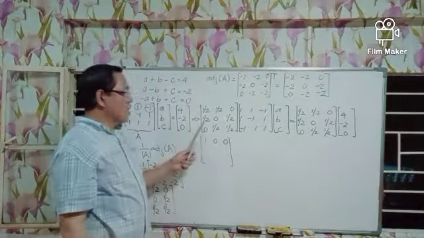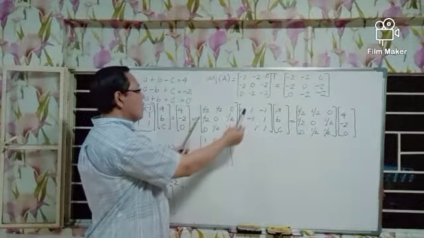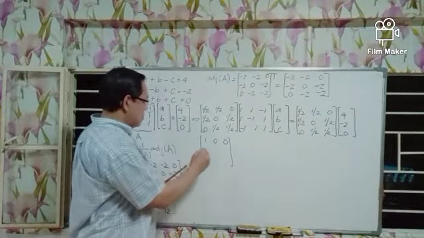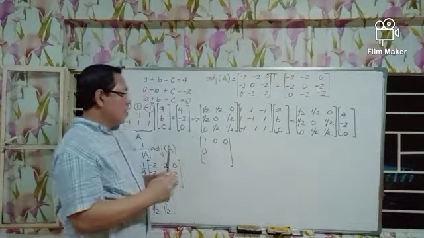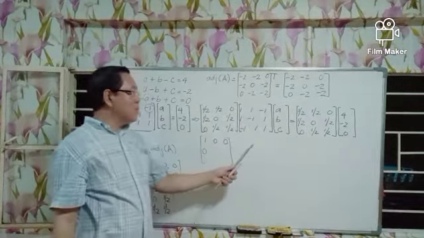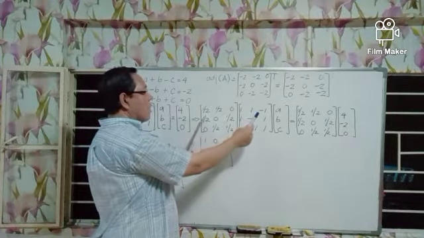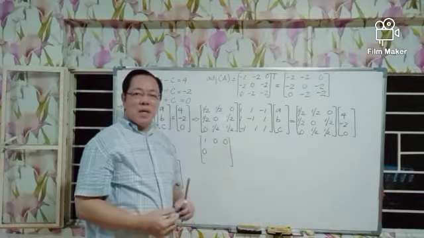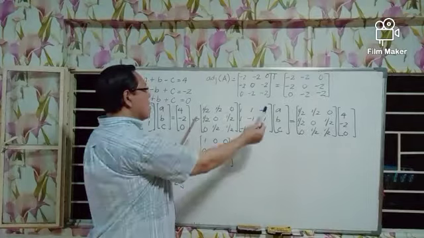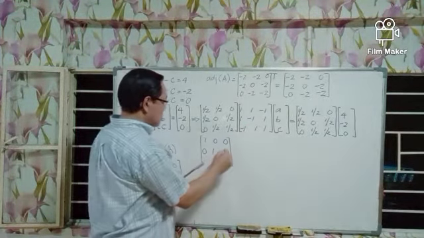We now multiply the second row by the first column. We have 1/2 plus 0 minus 1/2 is 0. Multiply the second row by the second column. 1/2 plus 0 plus 1/2 is 1. And minus 1/2 plus 0 plus 1/2 is 0.